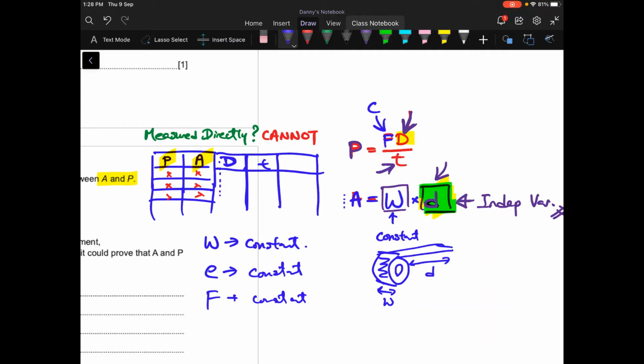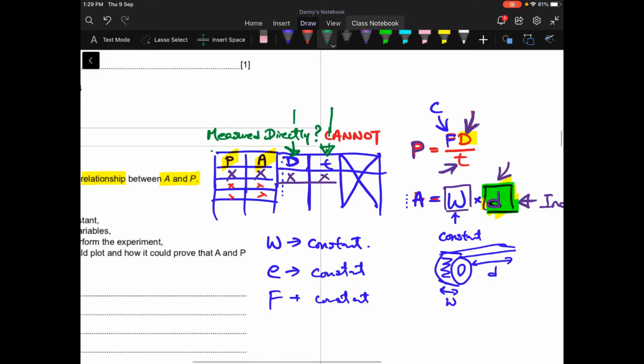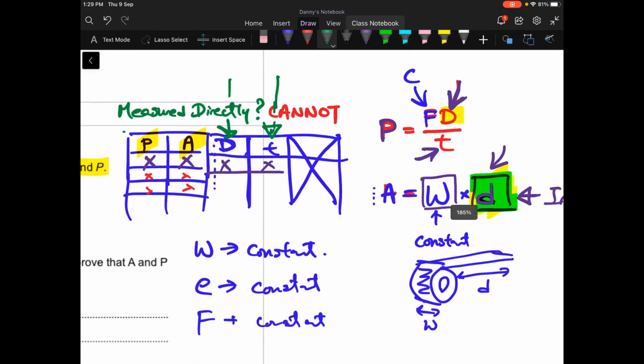So I will also have T, correct? The amount of time that is required for me to complete peeling off this distance. Any other thing? Don't have already, right? And basically, if I get a D and I get a T, basically I can go and calculate my P and A, right? So basically these two variables over here will enable me to actually get a relationship between P and A.